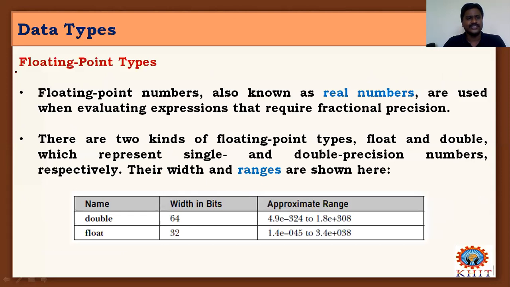And coming to the second category of data types, floating point. Floating point numbers are nothing but real numbers that are used in evaluating expressions that require fractional precision, integral along with decimal and fractional precision. There are two kinds of floating point types, float and double, which represent single and double precision numbers.